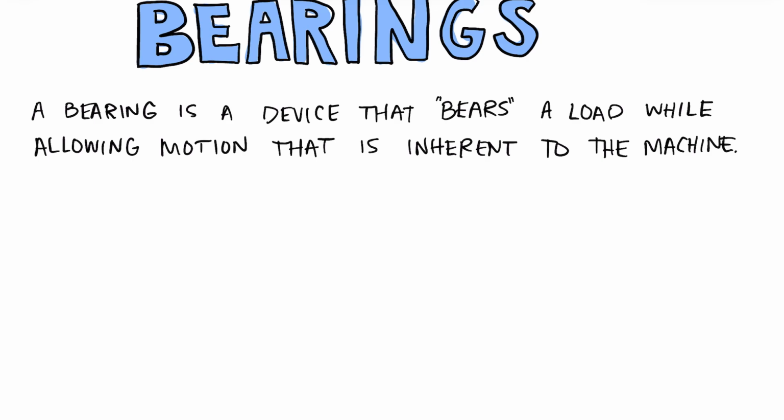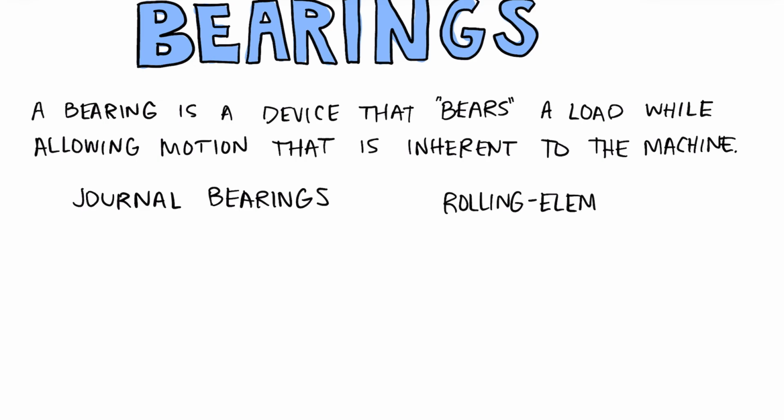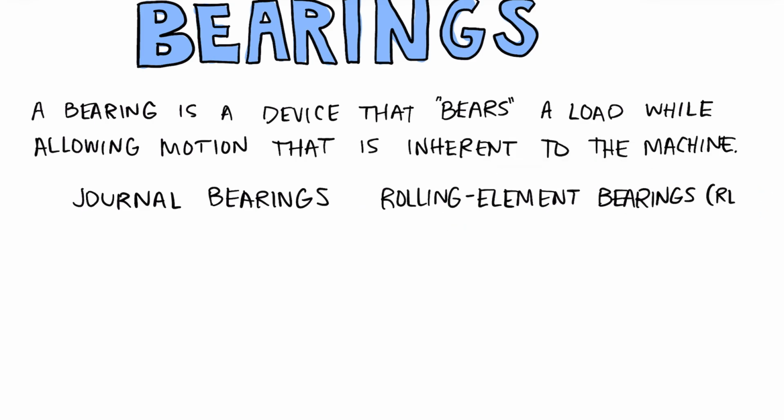There are two major types of bearings. There are journal bearings and there are rolling element bearings, which we will abbreviate REB.